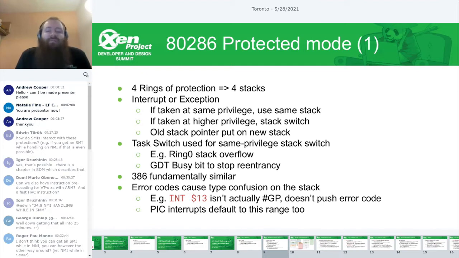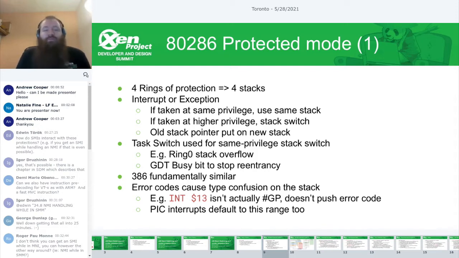The 386, a couple of years later, obviously a lot of things changed between 16 and 32-bit architecture, but the fundamentals of this area didn't change too much. Already at this point, there was a bit of problems, mostly to do with error code handling.